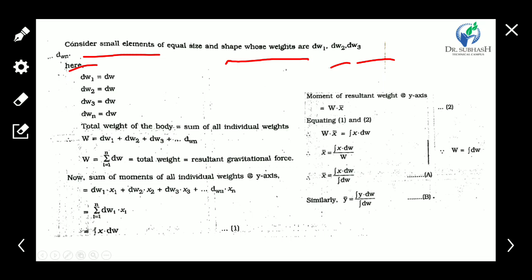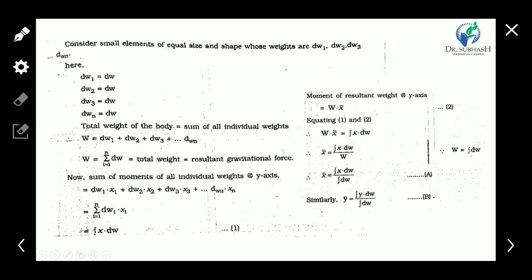That means n number of small elements having equal size, shape and weight. So the body is divided into n number of elements which are equal in size, shape and weight.